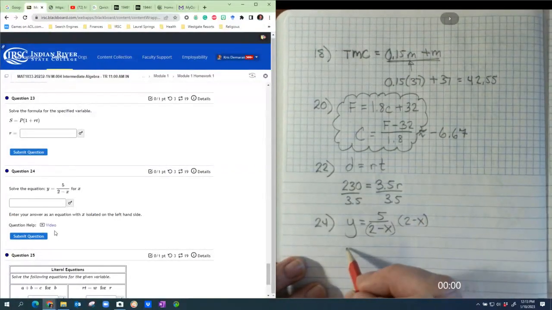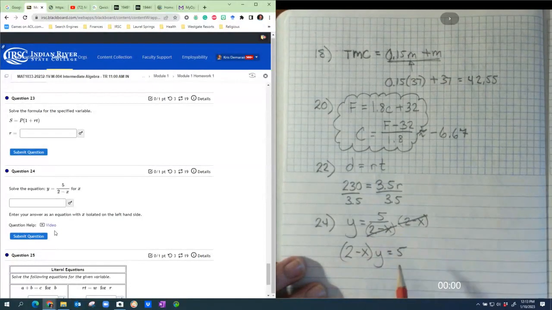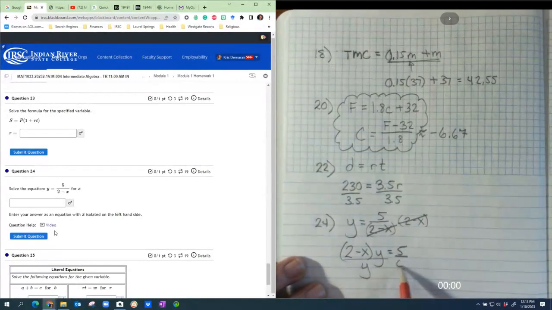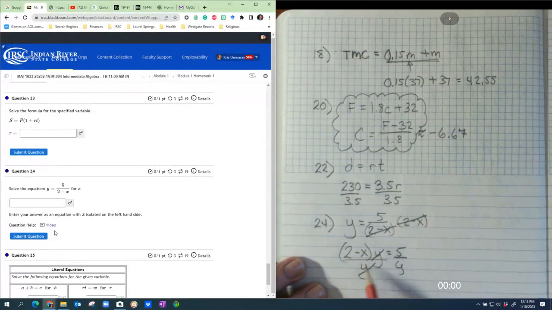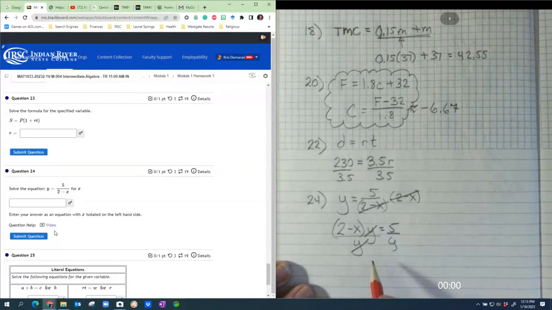All right. So you're going to get 2 minus x times y equals 5. And then we're going to divide both sides by y to get the y away from this grouping. So I have that now.